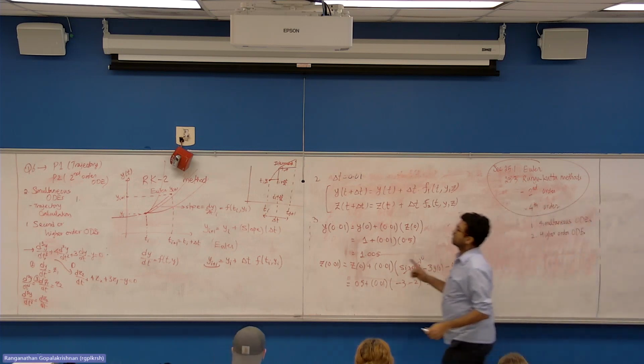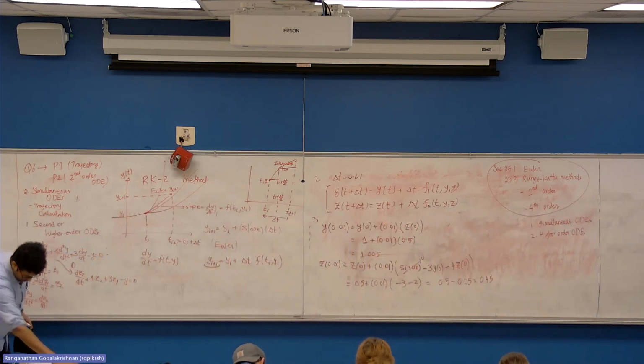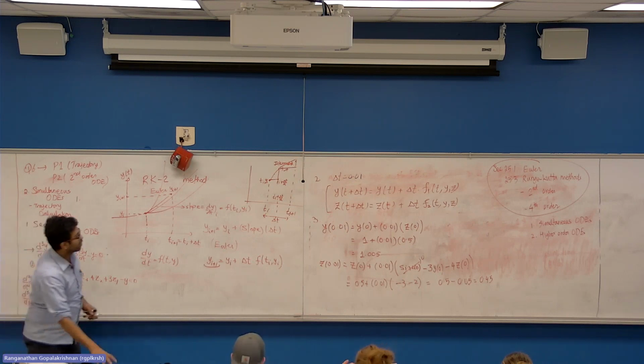All right. So let's write out RK2 method. It is given in page 732, equation 25.38.